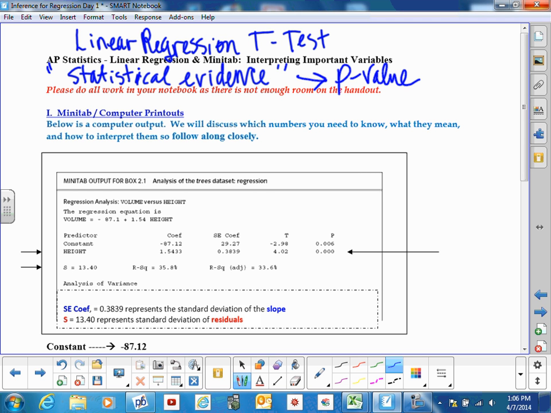So therefore we have to run a test to see if linearity is statistically significant.